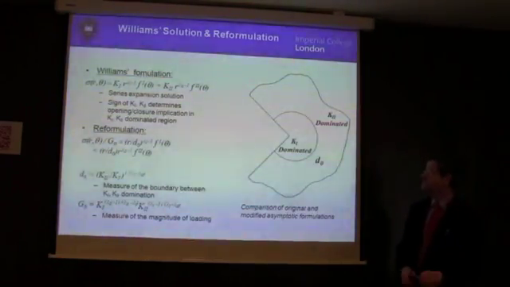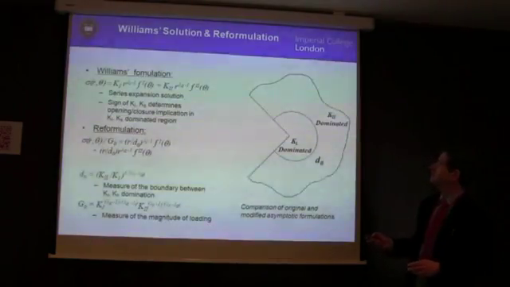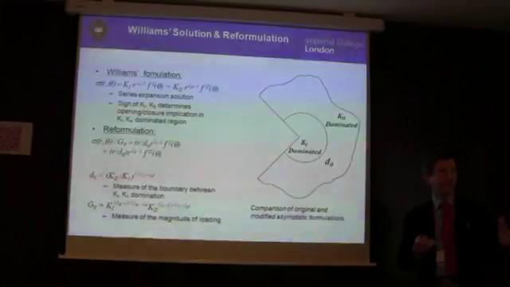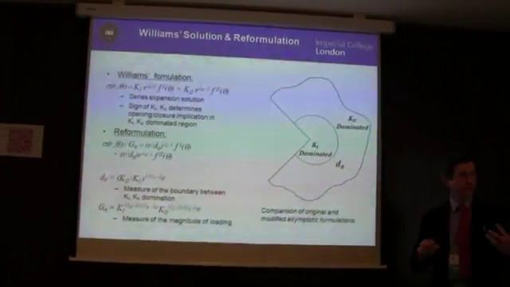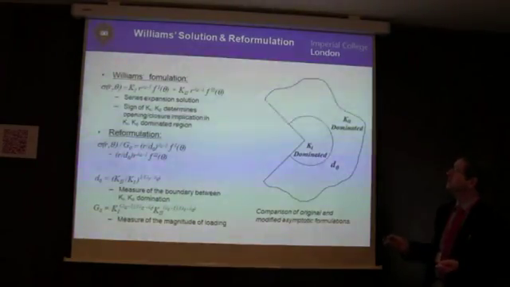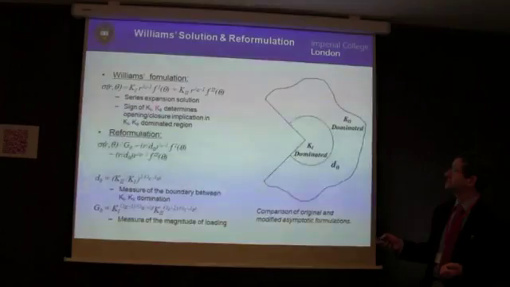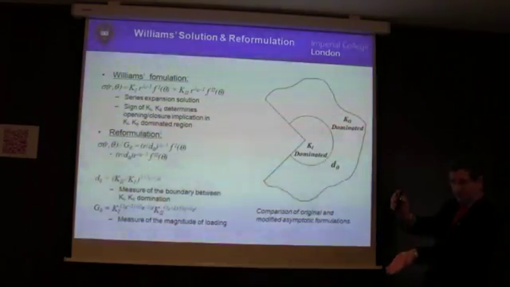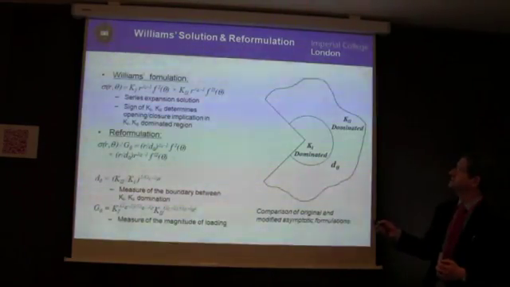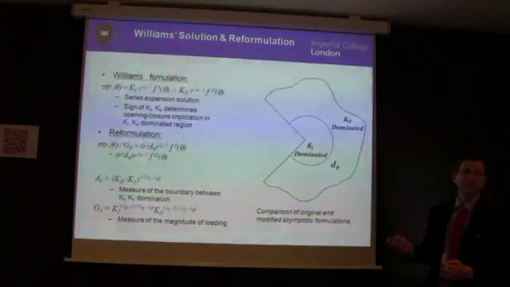So the Williams solution looks at what happens at the state of stress near a notch in an infinite solid. So there's no length dimension in the solution. And the classical way of thinking of it is that there are two singular terms. There's a mode 1 solution, which corresponds to opening of the notch, just like mode 1 opening of a crack, and a shear solution, the mode 2.